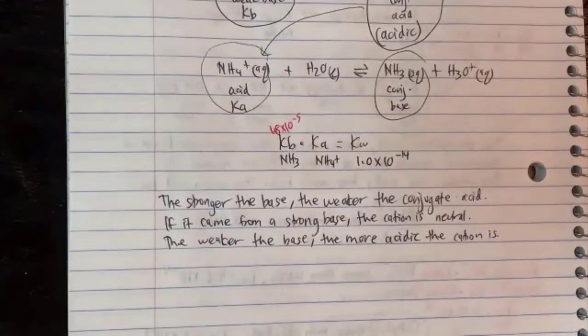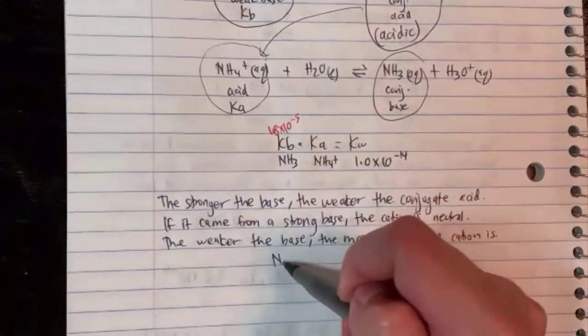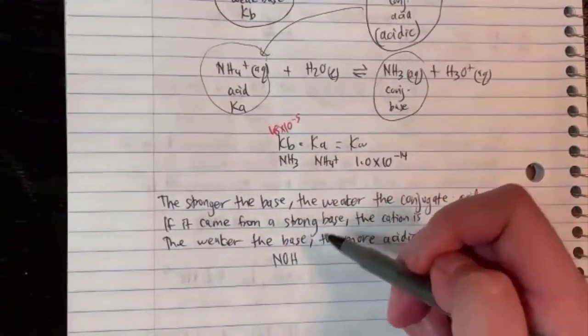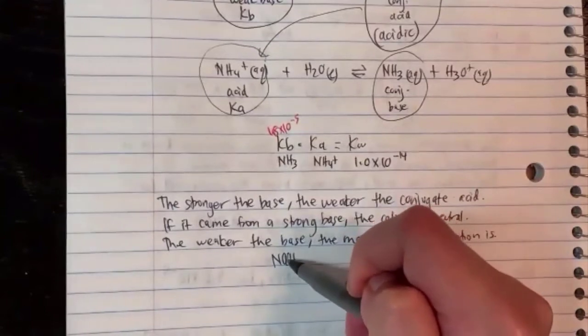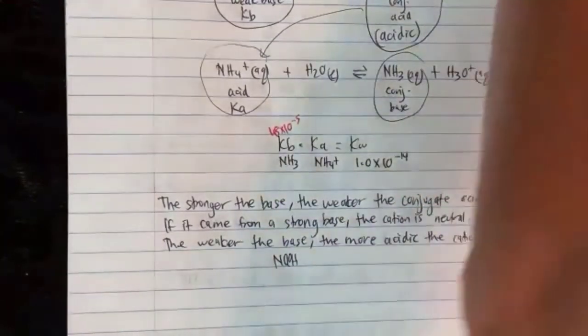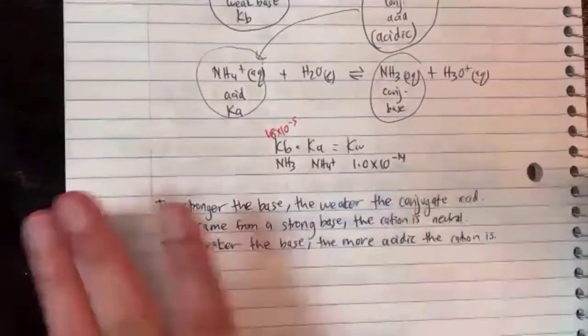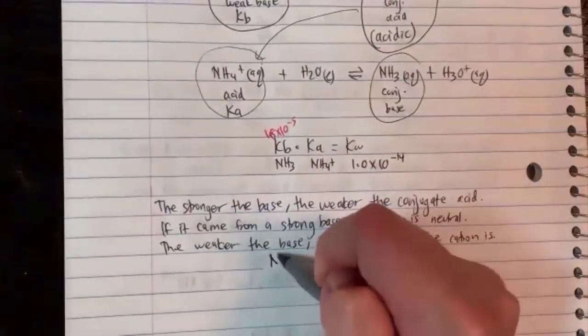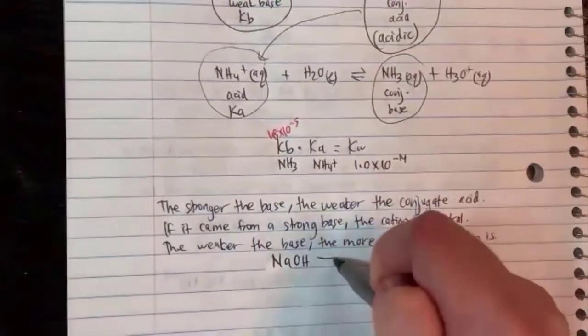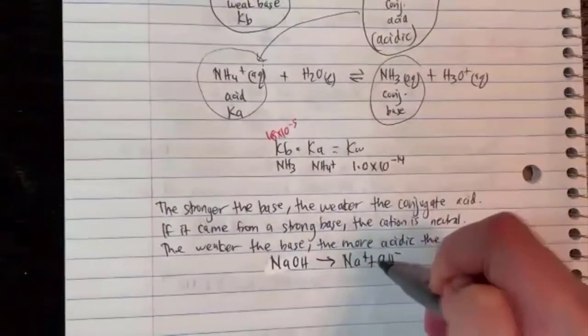Okay, so to contrast it, earlier we were doing HCl, right? If you have NaOH, oh, I forgot my A. NaOH. Let me just rewrite it. That was messy. NaOH. You know how that splits to Na plus and OH minus?